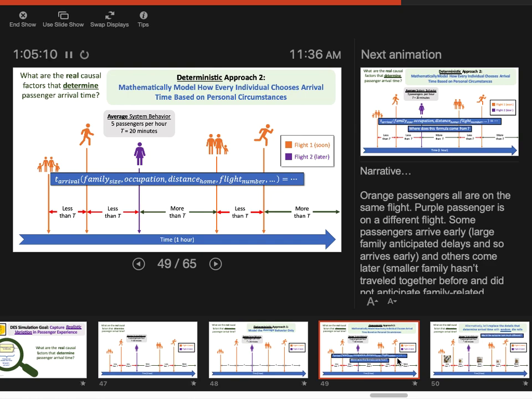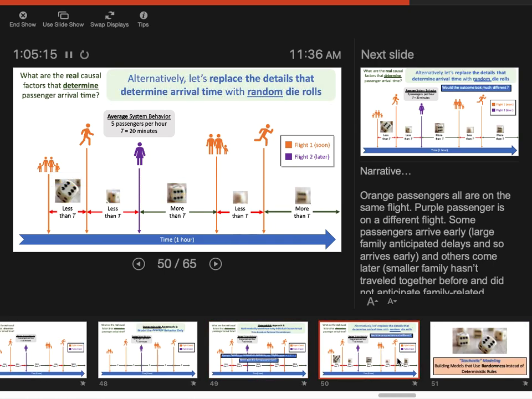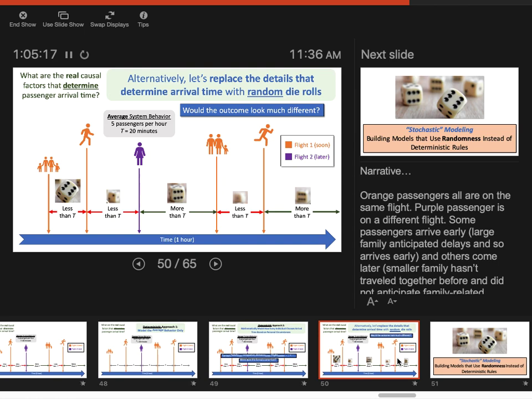But the thing is, when I stare at this long enough, I start wondering, what if I just rolled some die? And I said, well, if I get a certain number on the face of a die, then I'm going to give them a certain time, and another number, I'll give them another time. Well, then I start getting a random allocation of times here.